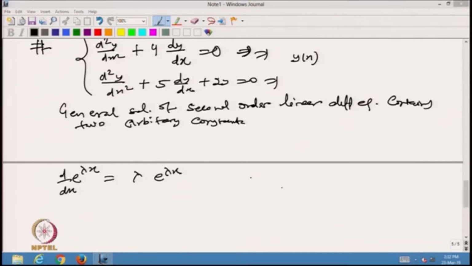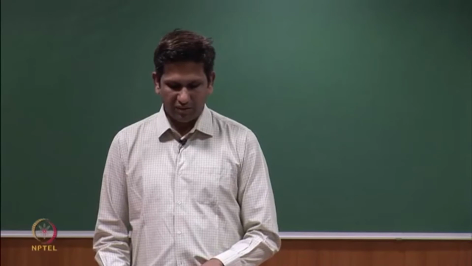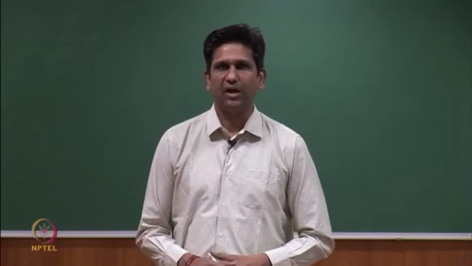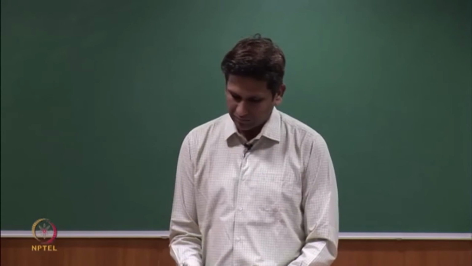I take the second derivative of e raised to power lambda x, and I get lambda square e to the lambda x. So this function has the same derivative, and whenever we take the derivative, this function is multiplied by lambda. It means this function can be the solution of this equation.